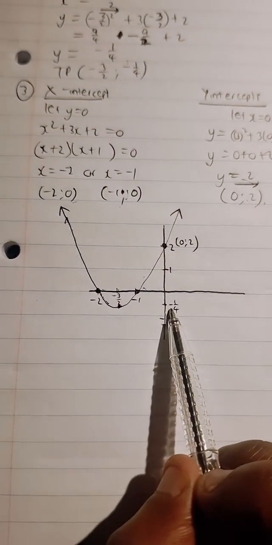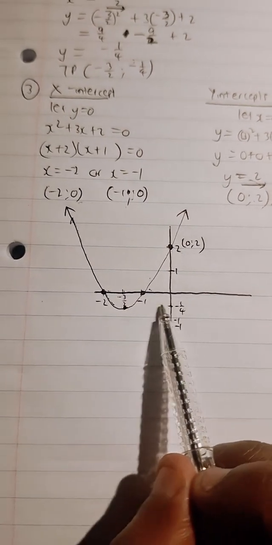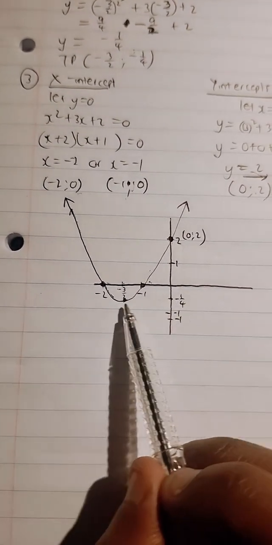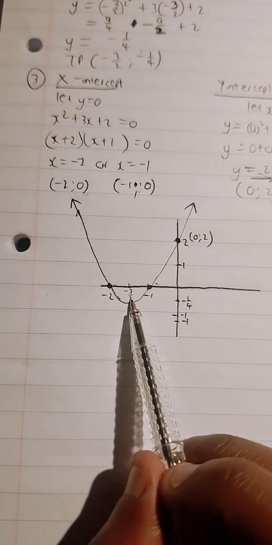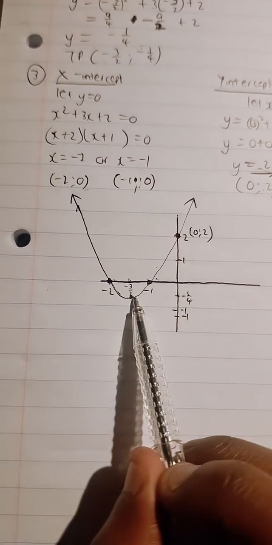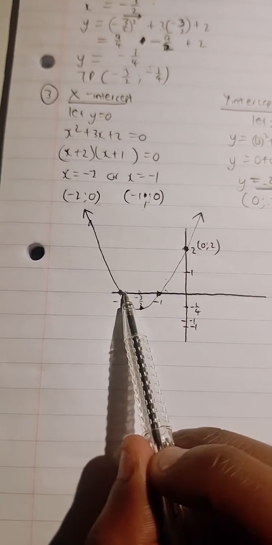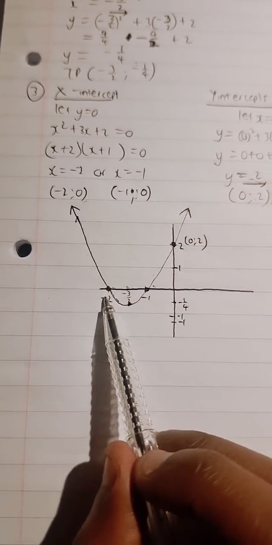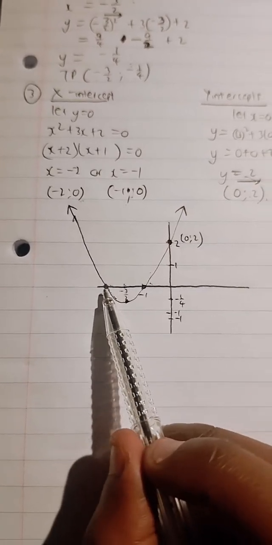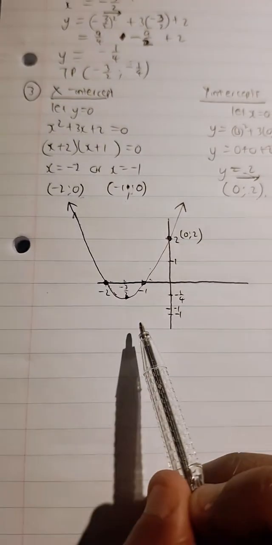-3/2 together with -1/4, these two are fine. All right, then here -2, 100% fine. You can just write -2.